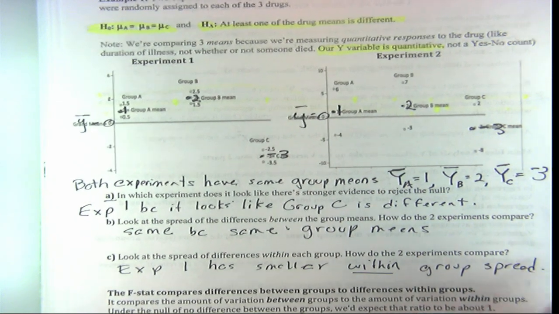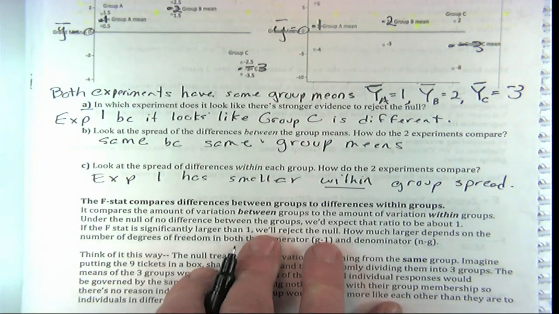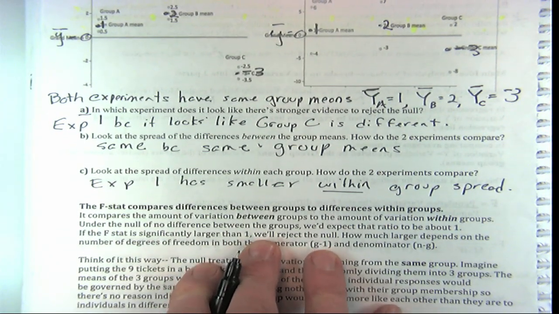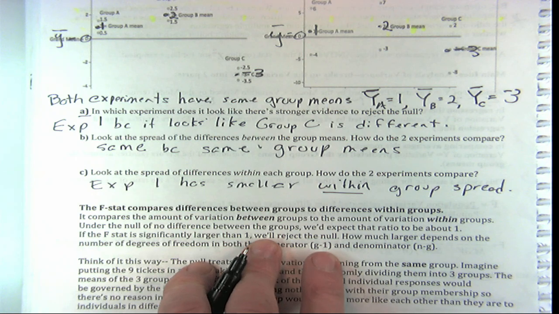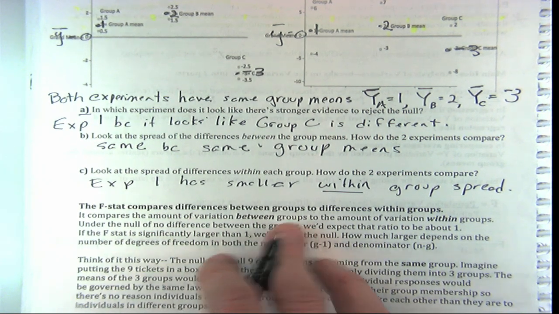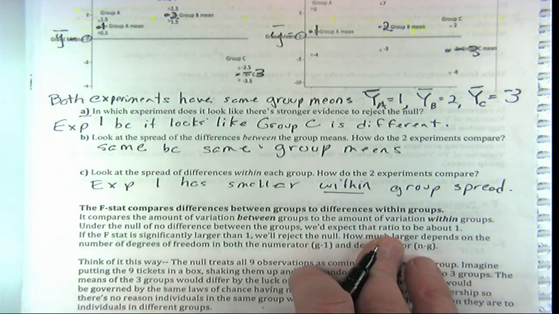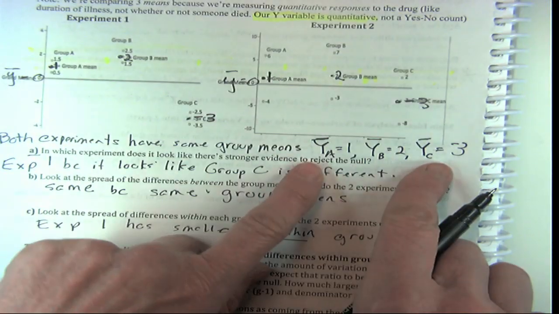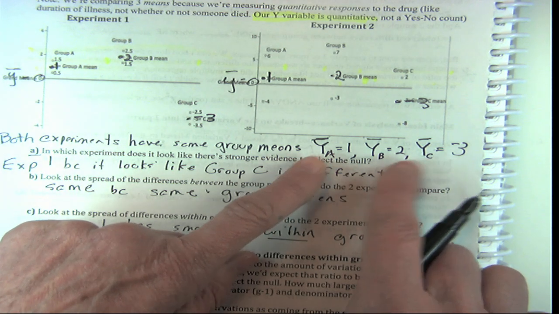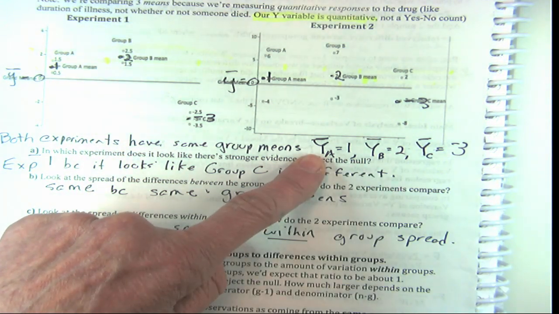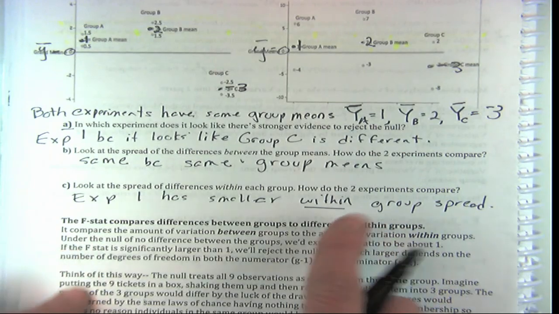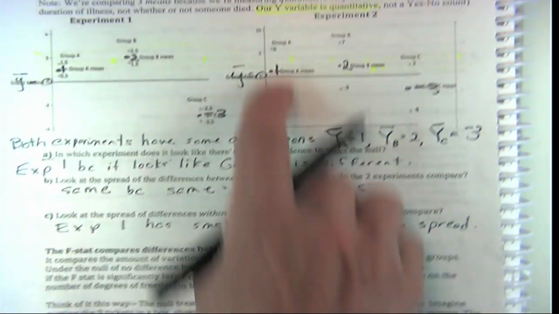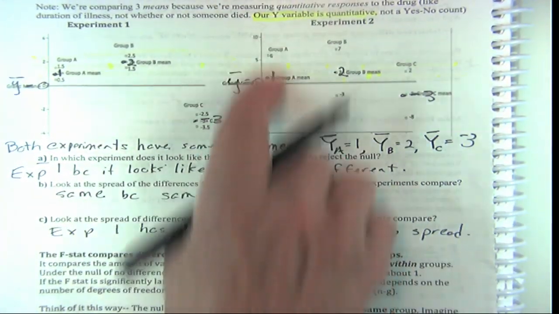What the F-stat does is it compares the differences between the groups to within the groups. Between the groups, how spread out these group means are from each other is the strength of the model, but the strength of the error is how spread out they are within each group.